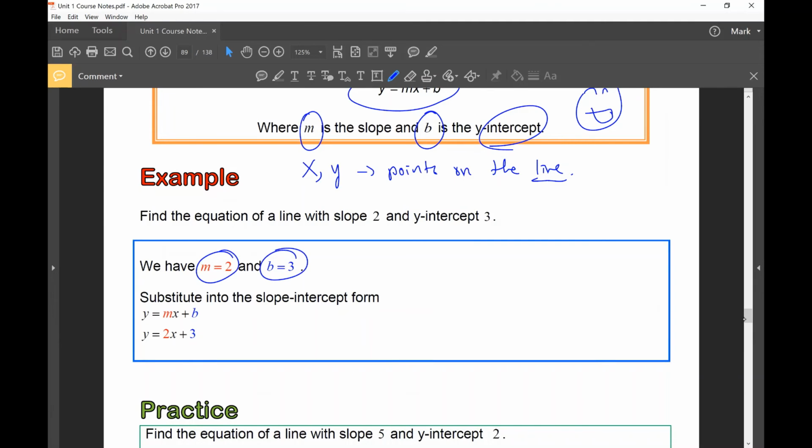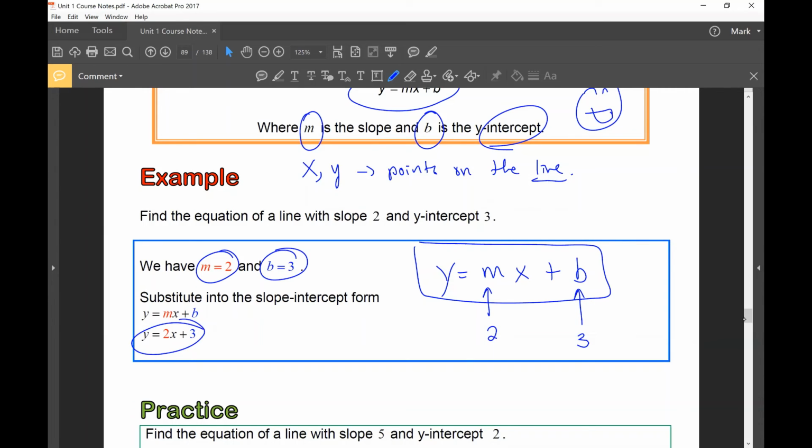This is maybe a little too easy for a test or an assignment. But here's my formula. For m, I'm going to put in 2. For b, I'm going to put in 3. So there's my formula.